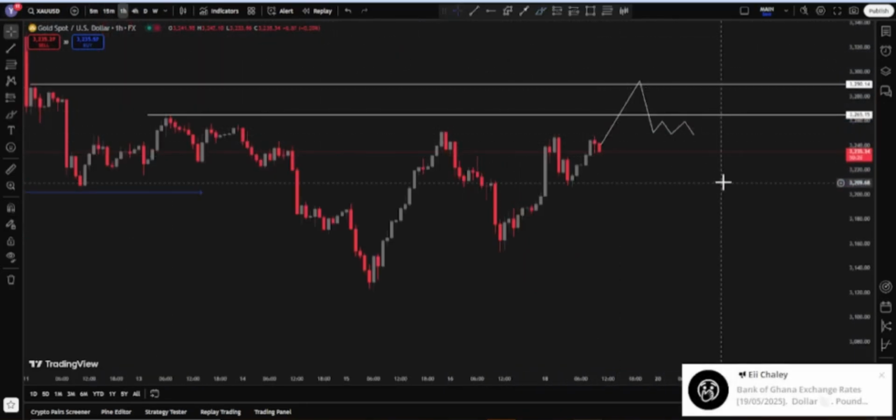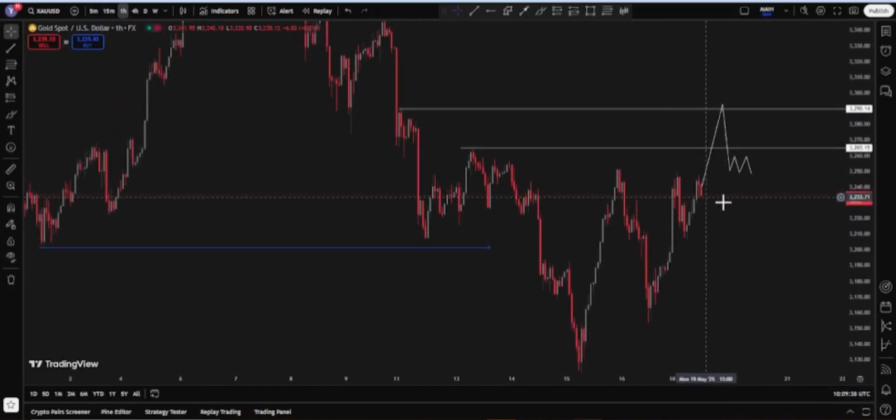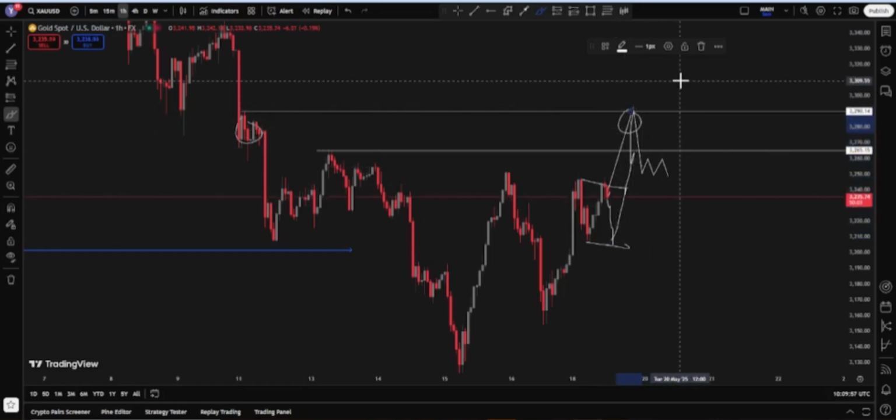Sorry about that. Currently this is what I have as my trading plan. The main reason why I marked this level is that this was a value area that I'm considering. If price wants to break this up, we can have a push back to this structure like this here to form this continuation before price can push back in to complete this level.